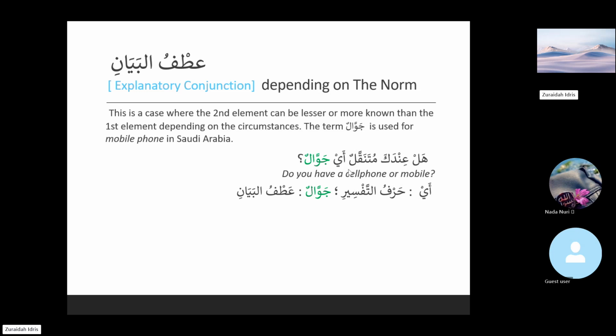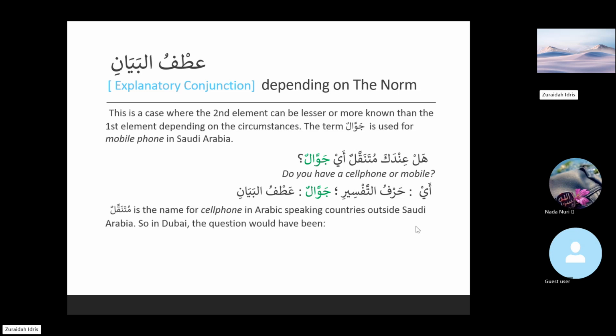Yeah, because you're trying to explain mutanakkalun. Maybe you are a foreigner, you come there, but you know that this is the word that they use in Saudi. But if let's say you are from outside Saudi, apparently the more popular word is mutanakkalun. So then maybe you're asking this question to someone who is from Saudi, and you say like this instead, because this is what they know.